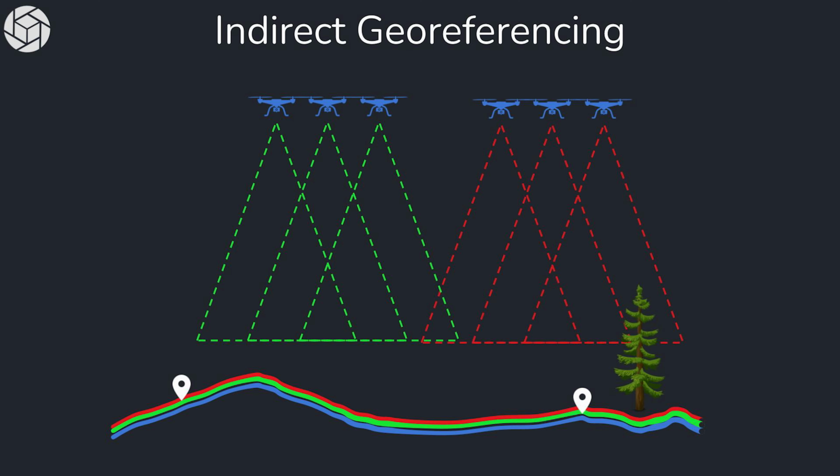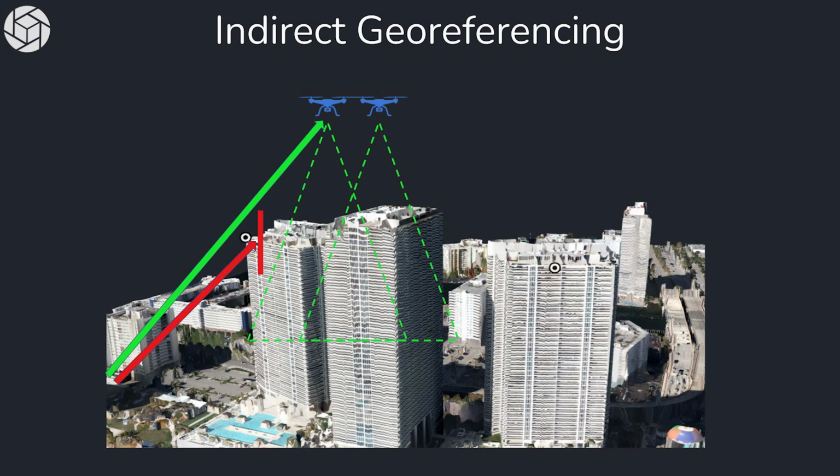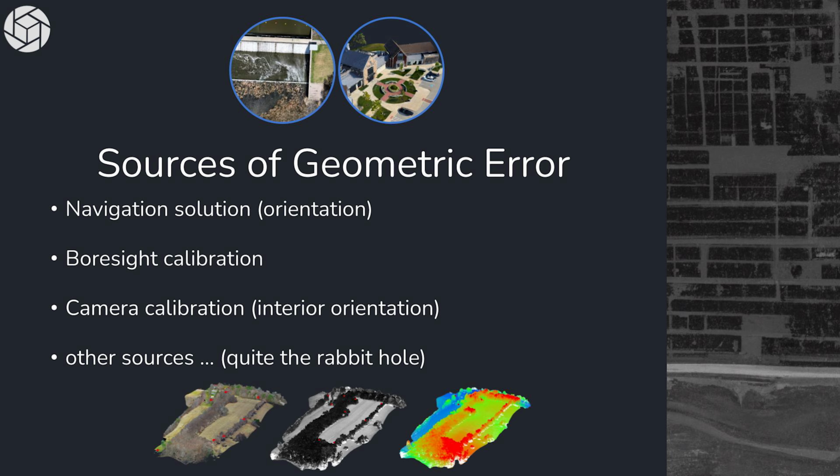Whereas with indirect georeferencing, we don't have that problem, okay? Using the bundle block adjustment, we can get a very tight solution for the orientation parameters, and recolorize the LiDAR point cloud using that photogrammetric block.